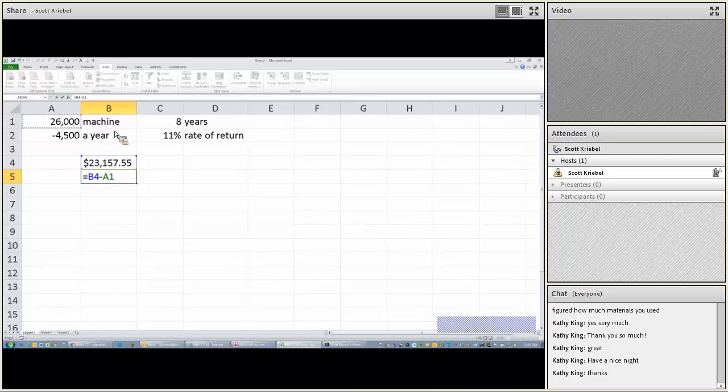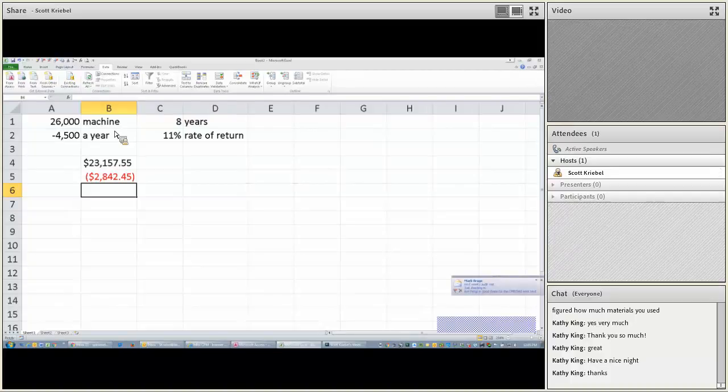Because this $26,000 is the cash that we're going to put out right now. So if we're going to invest $26,000 today, we want to make sure that we receive, at the very least, the same amount, if not more, at our required rate of return.